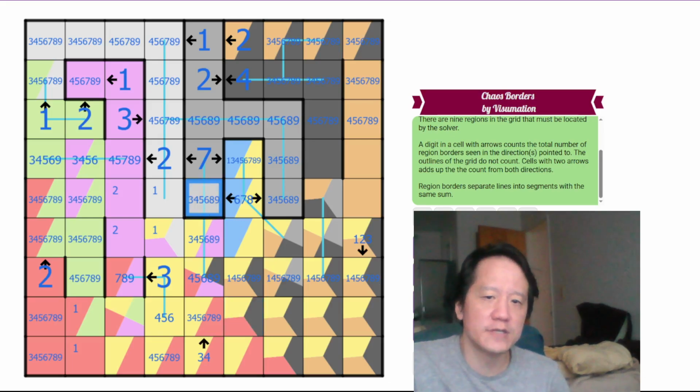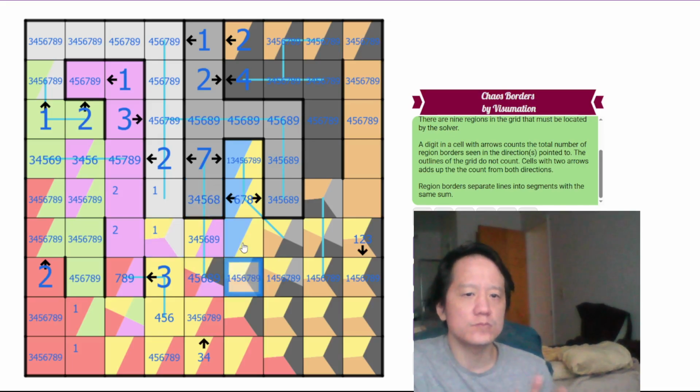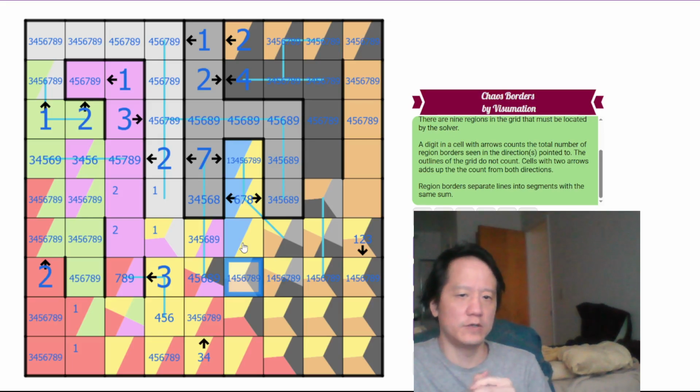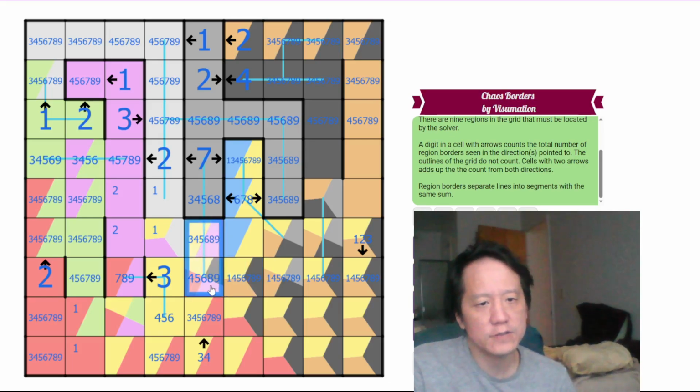This cannot be 7 and 9. These have to be the same region.